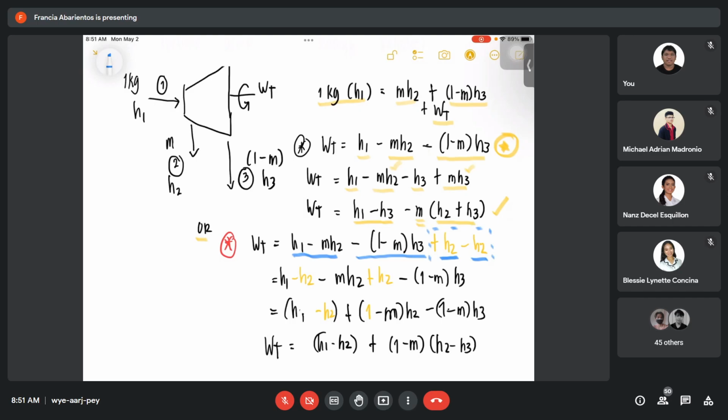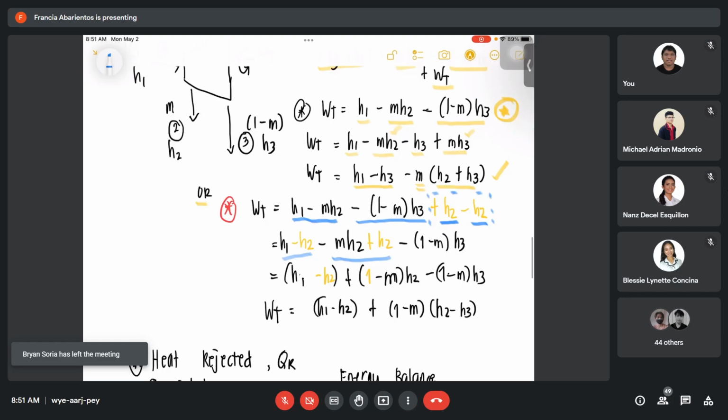So, kinonsider yung 1 minus H2. Dito na. And m, H2 plus H2. Makakancel lang naman yan, class. So, 1 minus m, the quantity, 1 minus mH3. Finactor lang to, class.